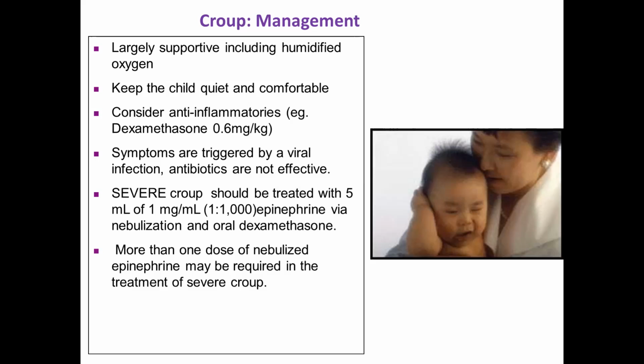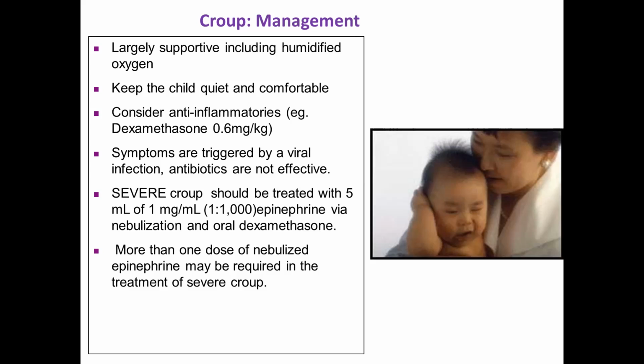In the past, we used to put these kids in croup tents, but we are no longer doing that. Again, a clinical key is to keep this child as quiet and comfortable as possible. Separation anxiety is huge at this age. Keep them as close as possible to the caregiver. In terms of IV access, it's that balance.